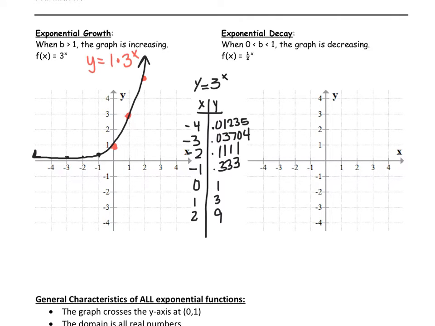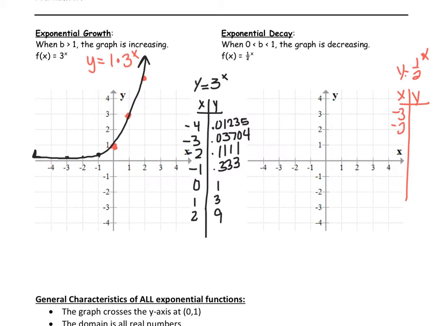So now let's graph an exponential decay problem. So again, now type this into the y equals of the calculator and write down y equals 1/2 to the x and go to the table and let's write down the x and y values. And we'll go from about -3 to 3.